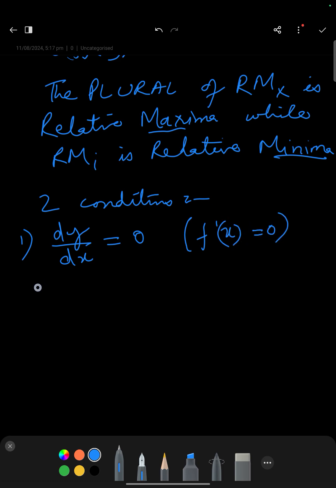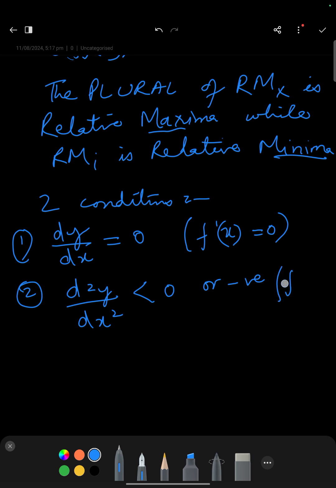The second condition is d square y upon dx square is less than 0, or negative. That means the second derivative is negative.